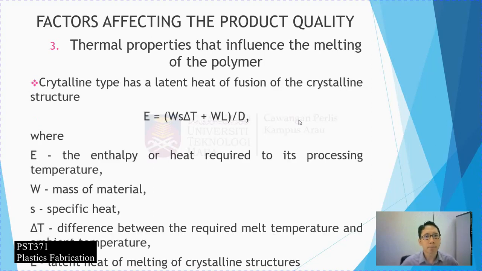Okay, as we know, for the crystalline types, the latent heat of fusion of the crystalline structure is equal to, this is the equation, whereas E is the enthalpy, the heat required at processing temperature, W is the weight of the material, c is the specific heat, delta T is the difference between the required melt temperature and ambient temperature, plus the latent heat of melting and crystalline structure.